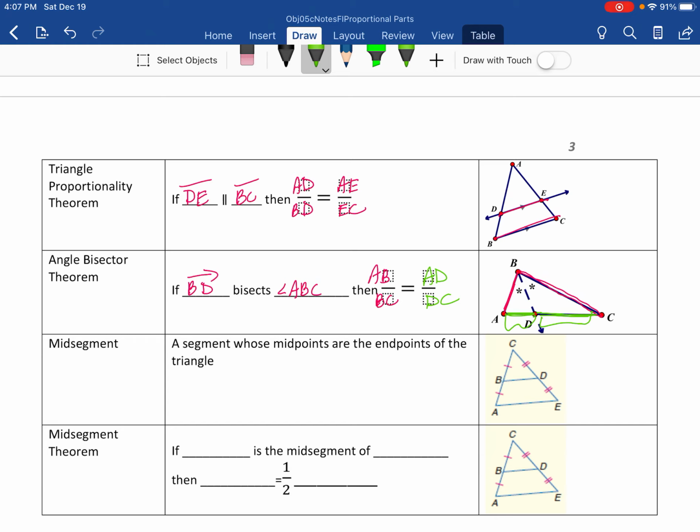Last concept is the mid-segment, a segment whose endpoints are the midpoints of two sides of the triangle. So this is a mid-segment because it joins the midpoints of each side.